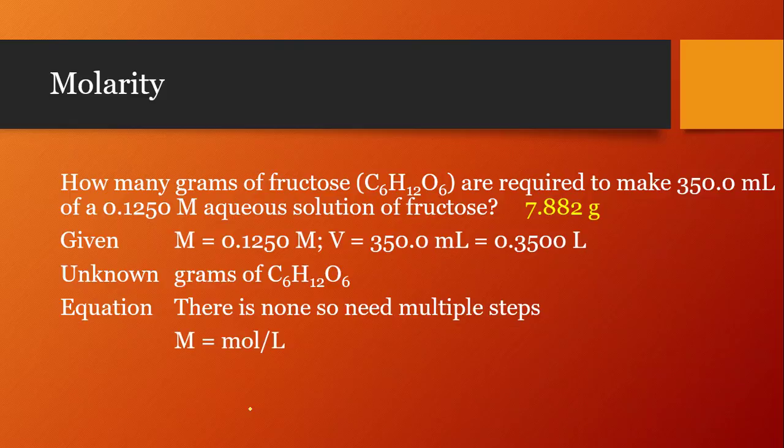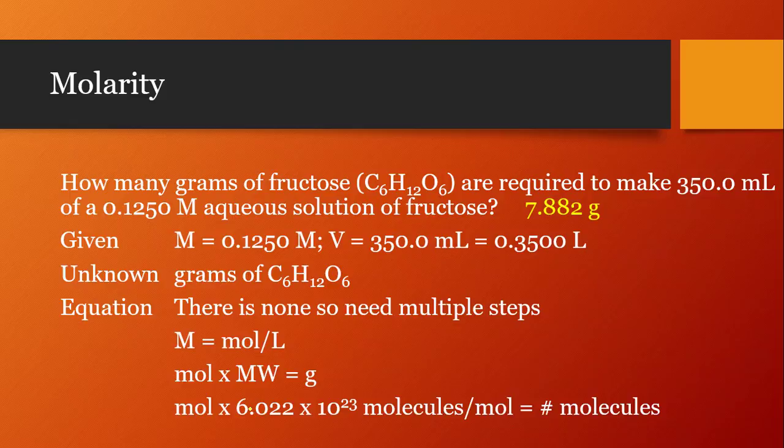We know of 3 equations that involve moles. We know that molarity equals moles divided by liters, moles times molecular weight equals grams, and moles times 6.022 times 10 to the 23rd molecules per mole equals the number of molecules. And nowhere in the question do we mention the number of molecules, so that equation is not needed. So we're going to be using the remaining 2 equations.